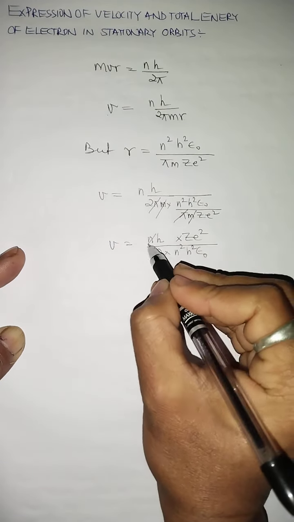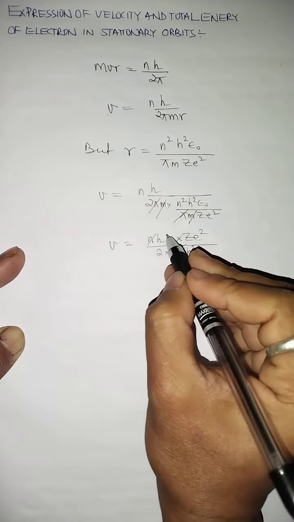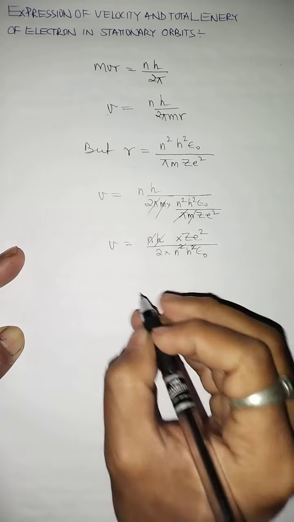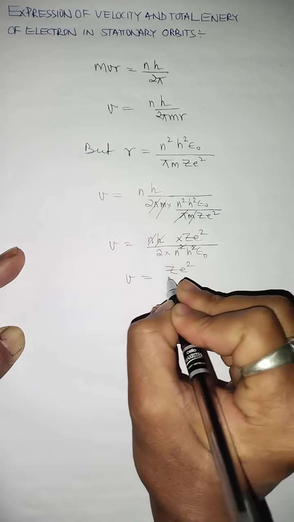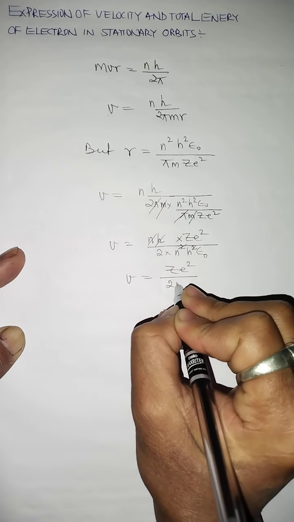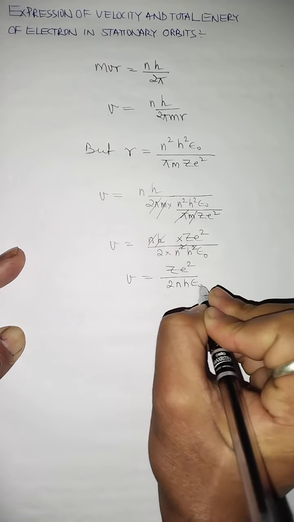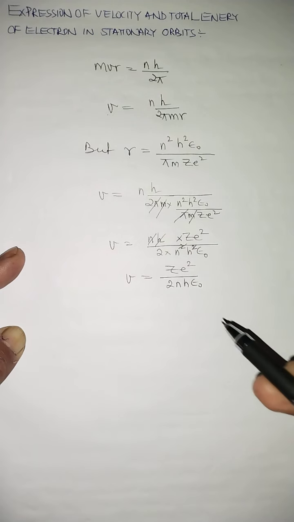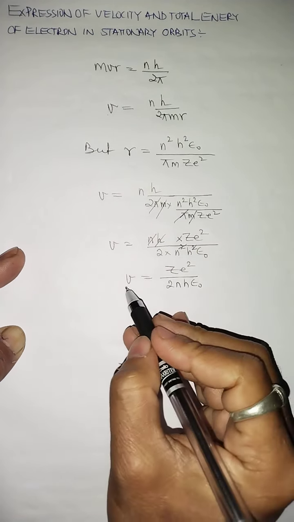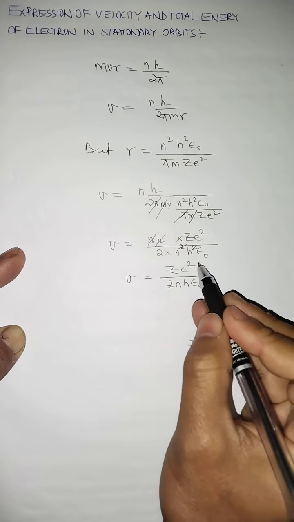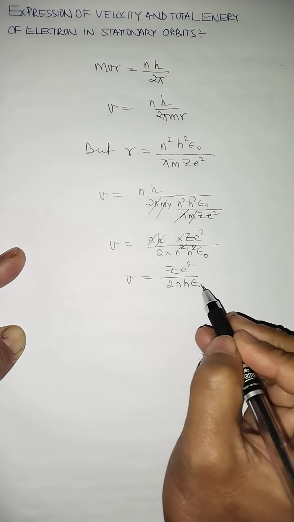Now this n and one n square cancel out, and this h and one h square cancel out. So v equals what? z e square by 2 n h epsilon naught. So you can see the expression of velocity that we have obtained now is v equals z e square by 2 n h epsilon naught.